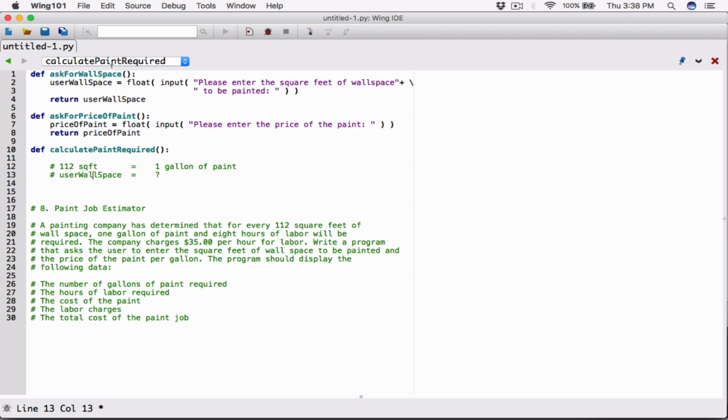So the user is going to type in the wall space here. We're going to know that value. So this is ratio and proportion. If 112 square feet is equal to 1, assuming the user wall space is, let's say, 12, right?